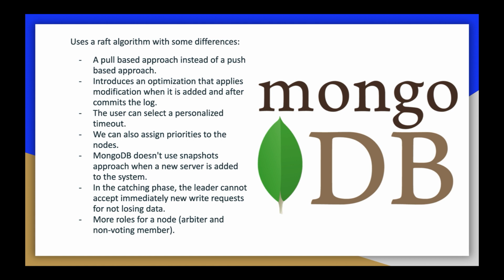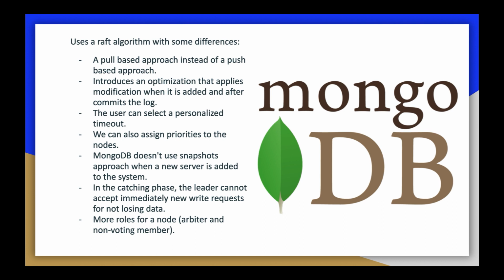This means that the server waits for followers that ask for the changes, for write operations for example, while usually it is the server that propagates the write request. In Mongo, there is an optimization whereby modifications are applied directly and committed afterwards. The user can also select a personalized timeout. We can also assign priorities to the nodes for the election.